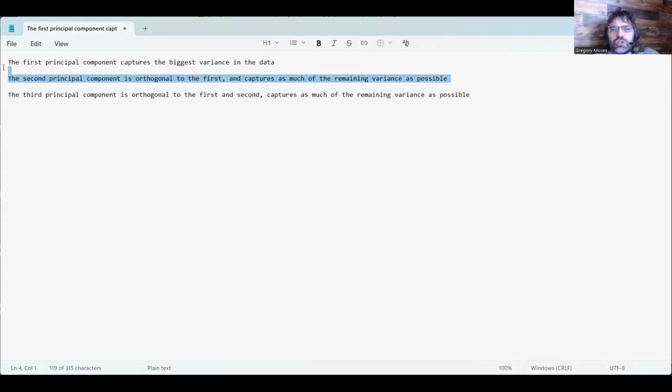Because this is two-dimensional, we can look at the data projected onto the first and second principal components. We've looked at the data projected on the first component, that was a number line. If we look at the data projected onto the first two components, that's a plane.